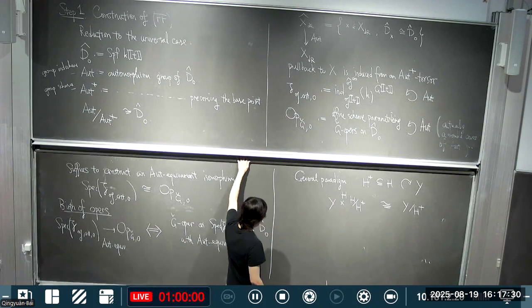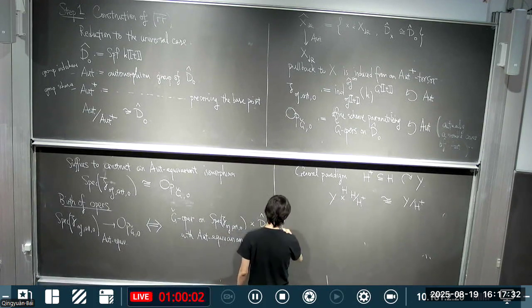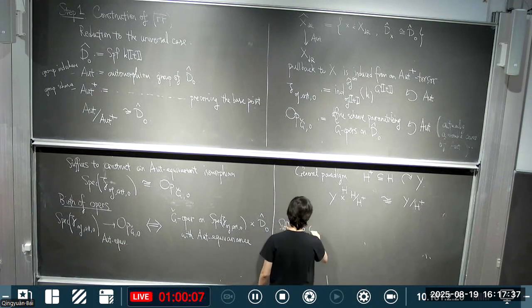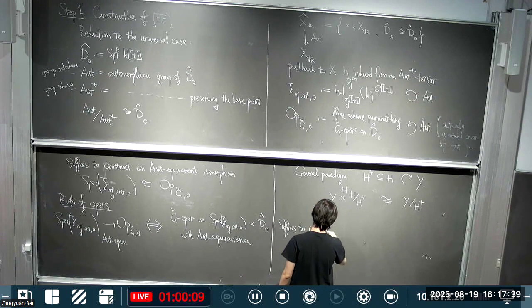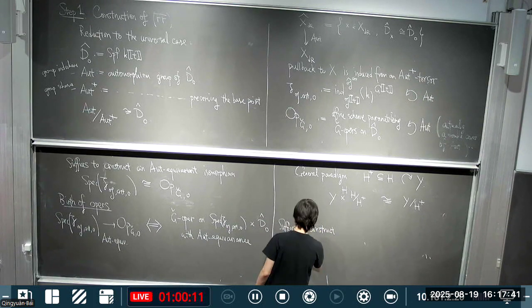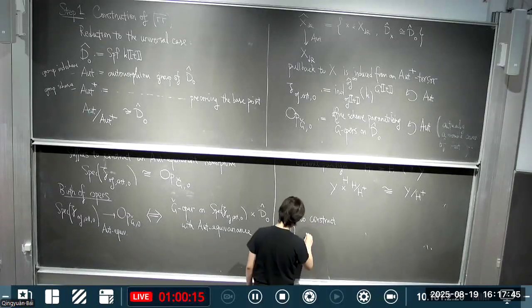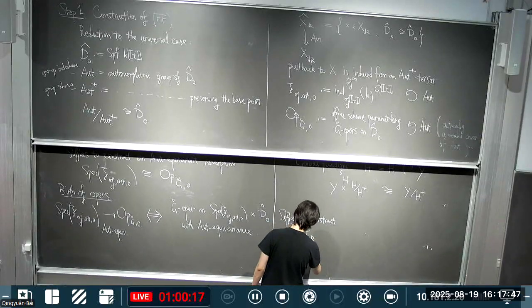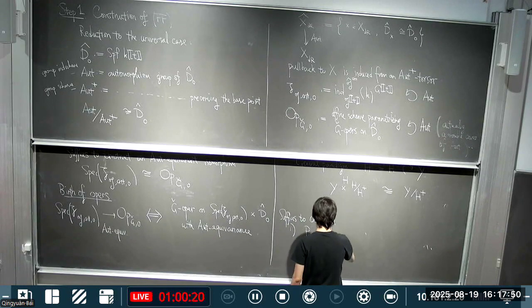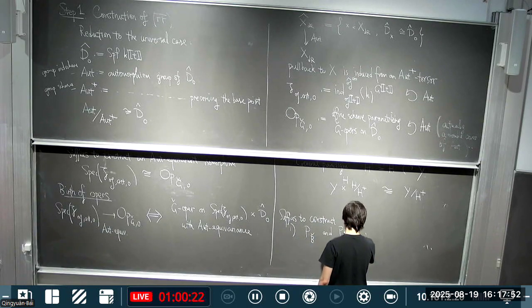Yeah, so this tells you that it suffices to construct the first two pieces of data of the oper, so the B check bundle and the induced T bundle with rho of omega, big omega.